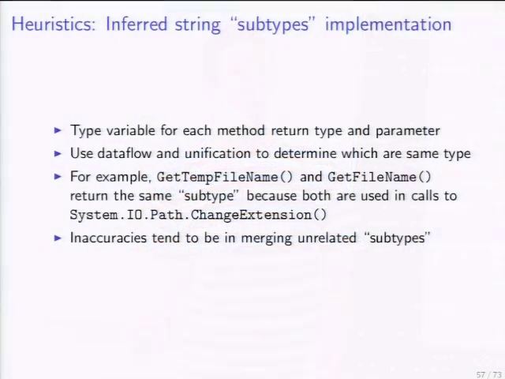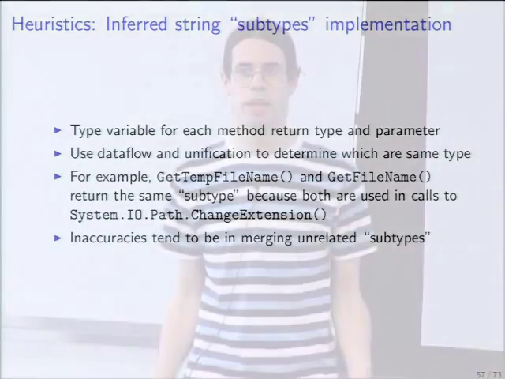In order to do this, I'm going to use an algorithm that's based on the Lackwit paper, which did a similar thing for ints in C. It's just a simple type inference algorithm where every method, return type, and parameter that involves a string gets a type variable assigned to it.